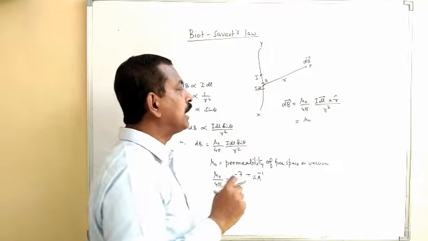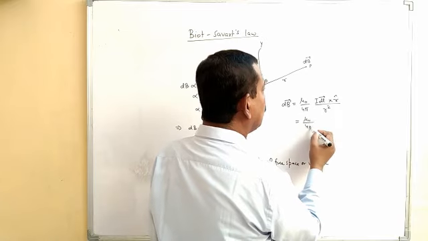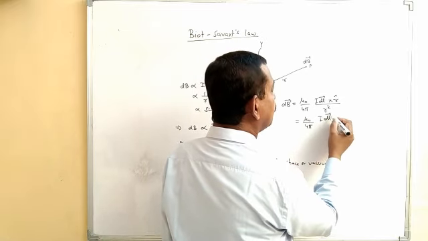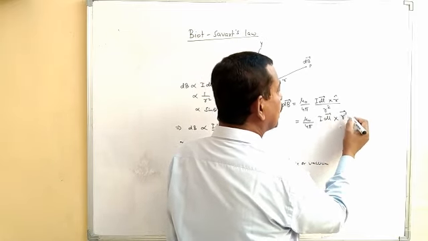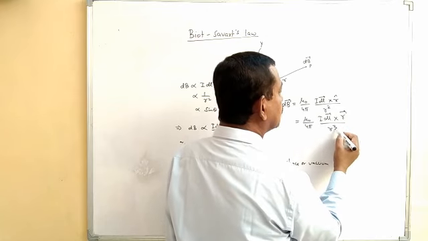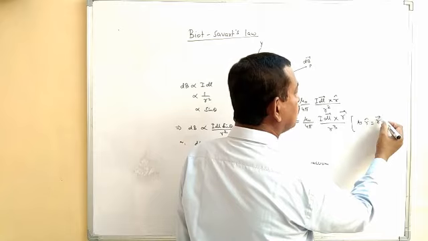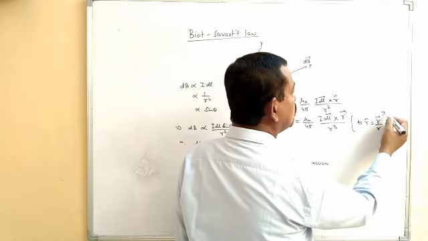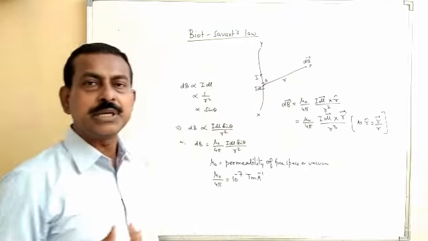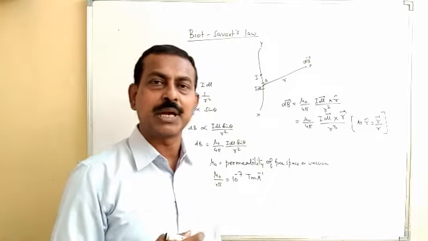We can also write this as mu naught by 4 pi, I dl vector cross vector r divided by r cube, as r cap can be written as vector r divided by its magnitude; a unit vector is the vector divided by its magnitude.